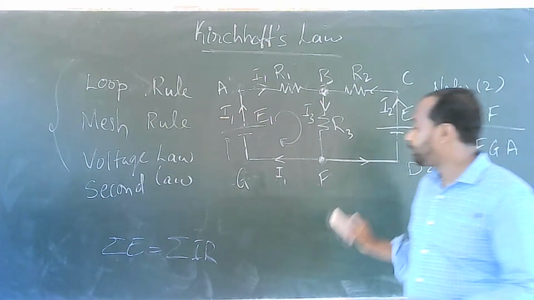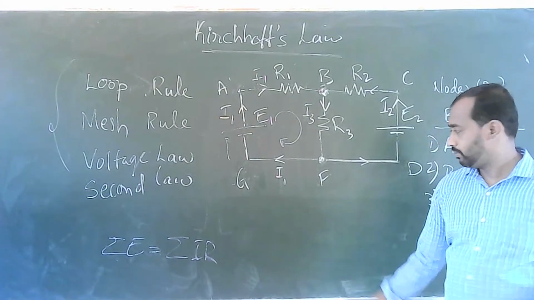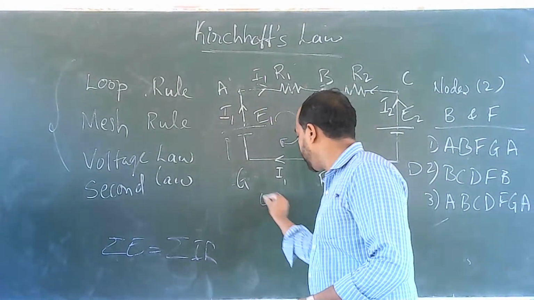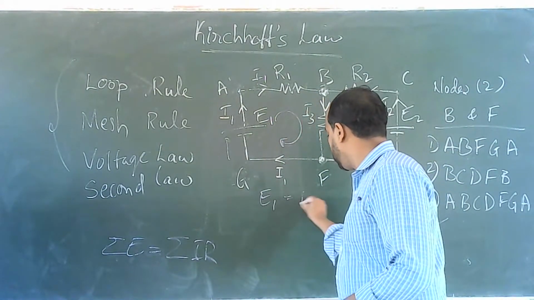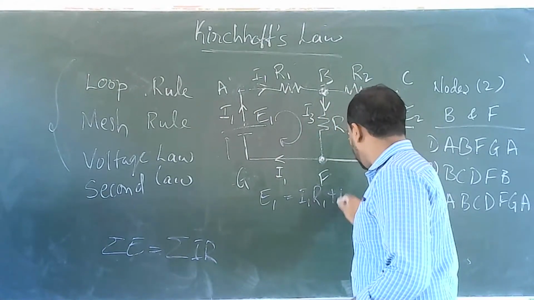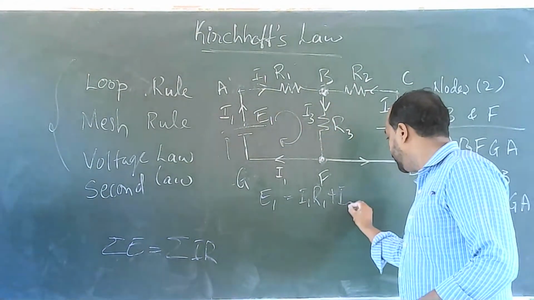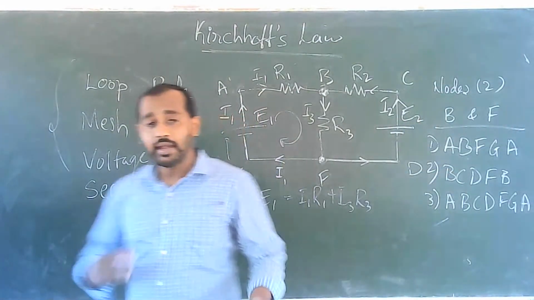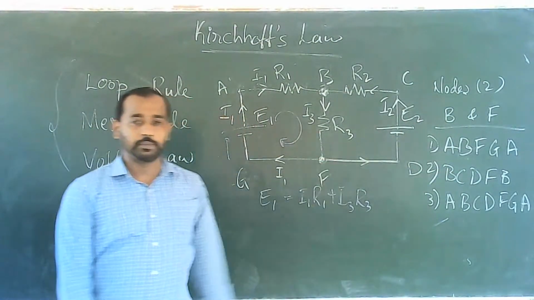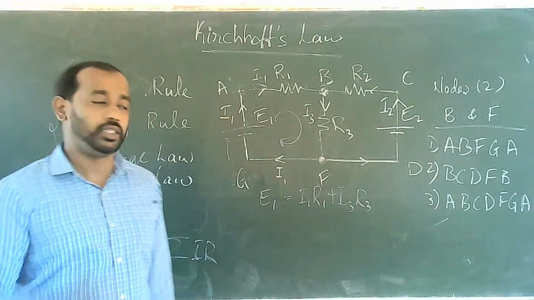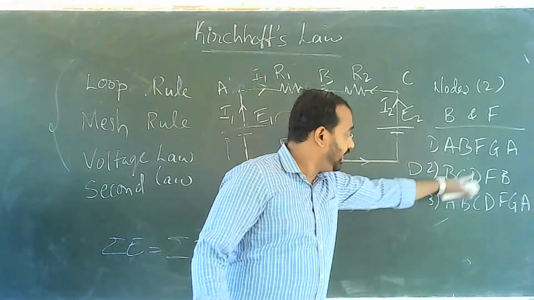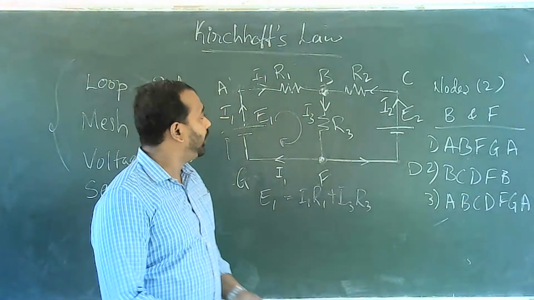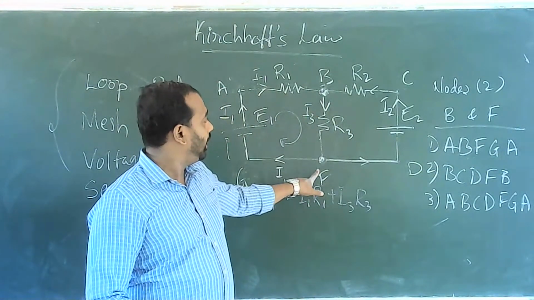Now, I will write the expression for the other loop. The first loop we have written as E1 is equal to I1 R1 plus I3 R3. When we consider the second one, can you write the Kirchhoff voltage expression for BCD?